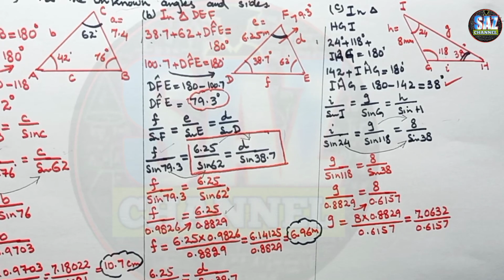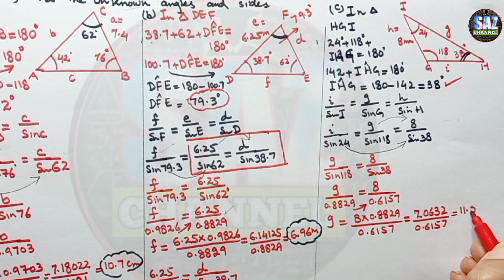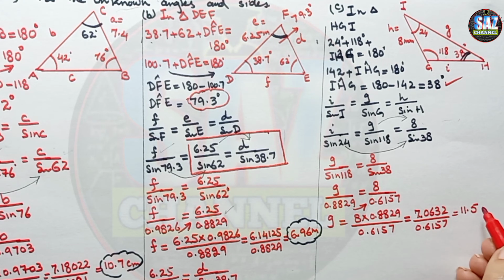Dividing by 0.6157 gives 11.4718, about 11.47, so I will take it as 11.5. The units of the question are in millimeters, so I will write mm here, and let me block this calculation so that my students can see it carefully.